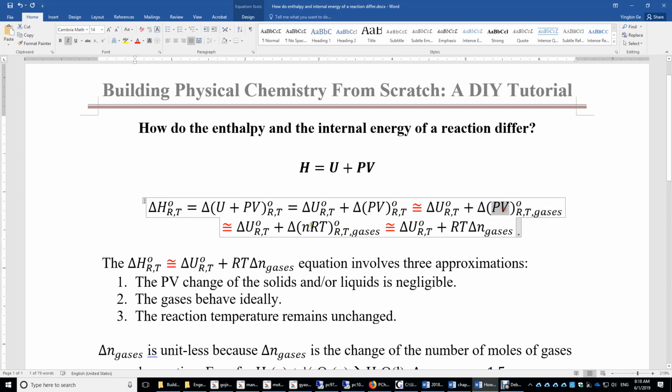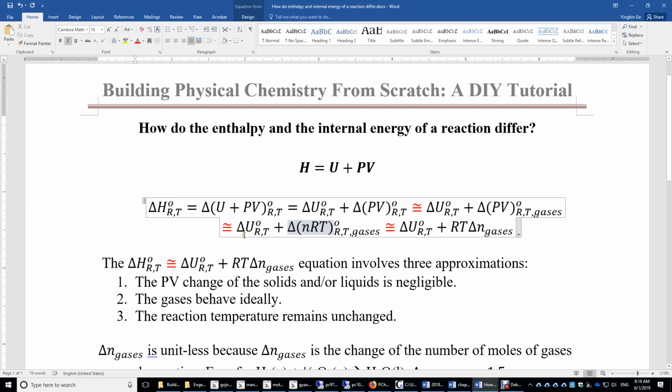Therefore, PV equals nRT. And then we make the third approximation. The reaction temperature remains constant or approximately constant. And we can thus use this equation assuming R and T are roughly constant.